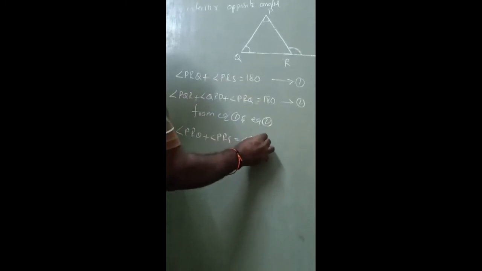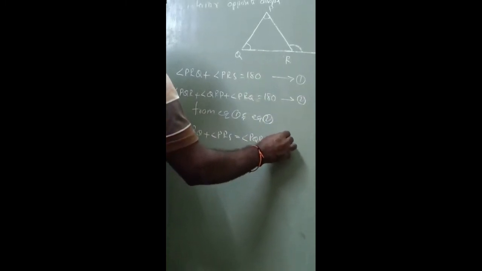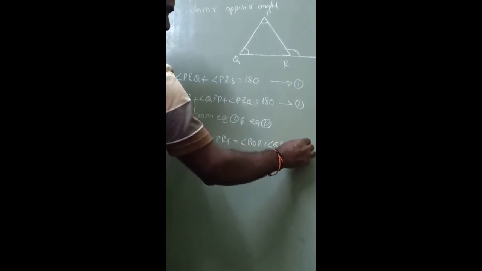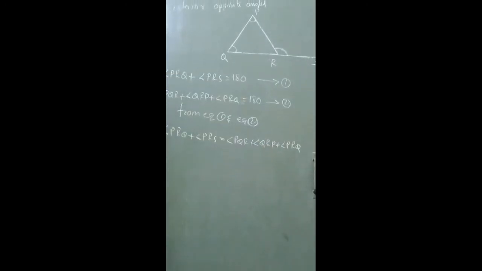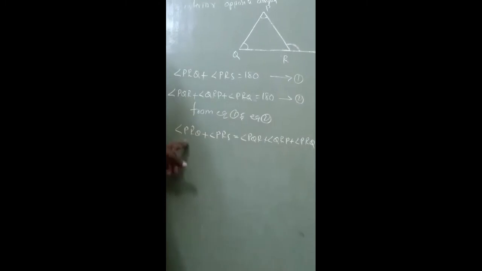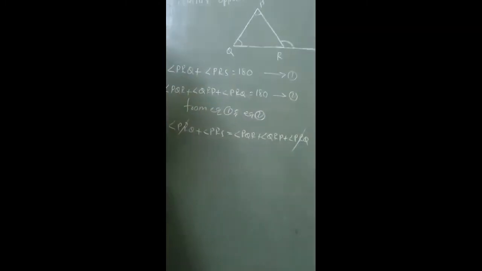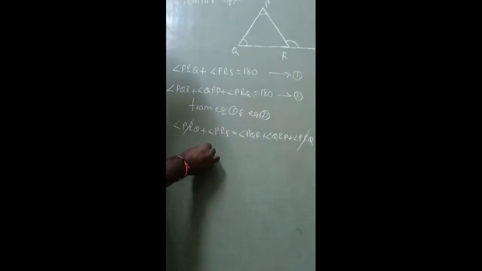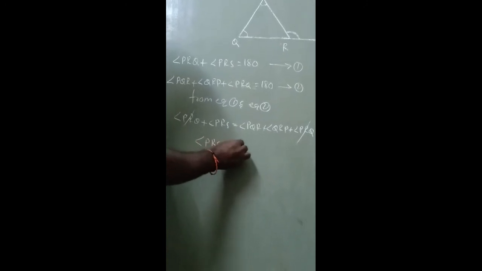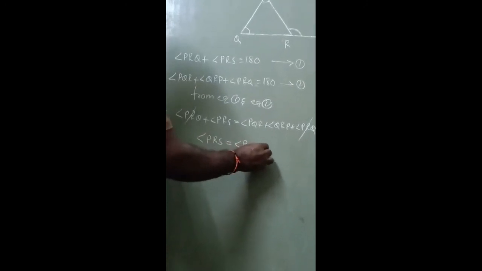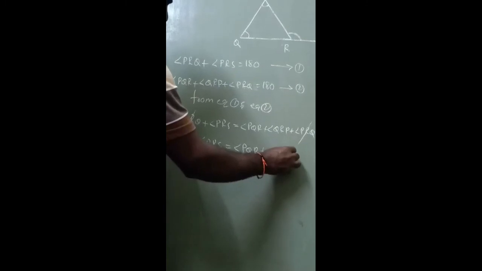Now angle PQR plus angle QRP plus angle PRQ. Here angle PRQ cancels on both sides. What is remaining? Angle PRS is equal to angle PQR plus angle QRP.